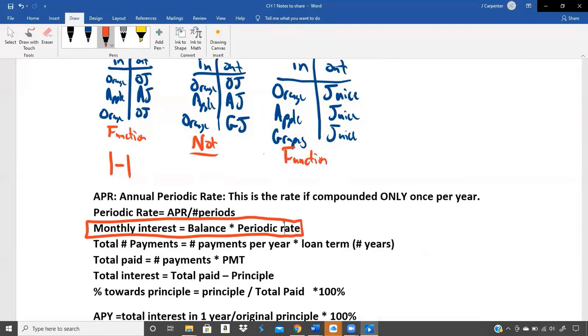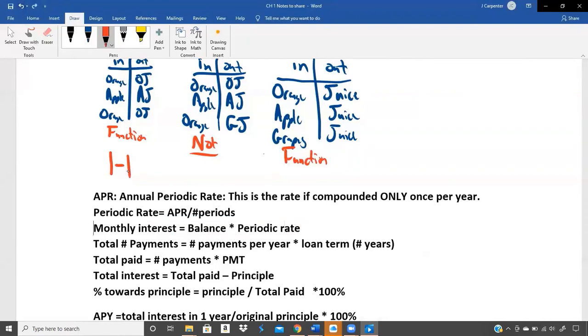If you want to find sales tax, it's the balance of what you're buying, in other words, the pre-sales tax cost, times the sales tax rate. If you wanted to find a commission, you take the amount of what you sold times your commission rate. If you wanted to find a discount, you take the discount rate times what the original cost was. So this is a very generic formula just written specifically for one scenario. But it's not times the APR, it's times the periodic rate.